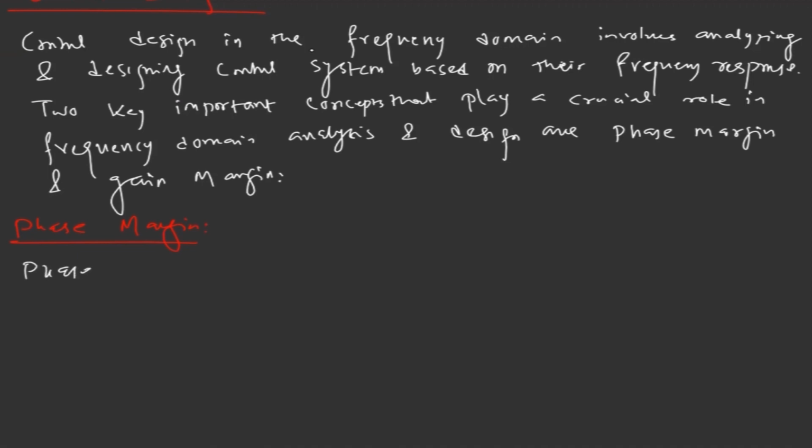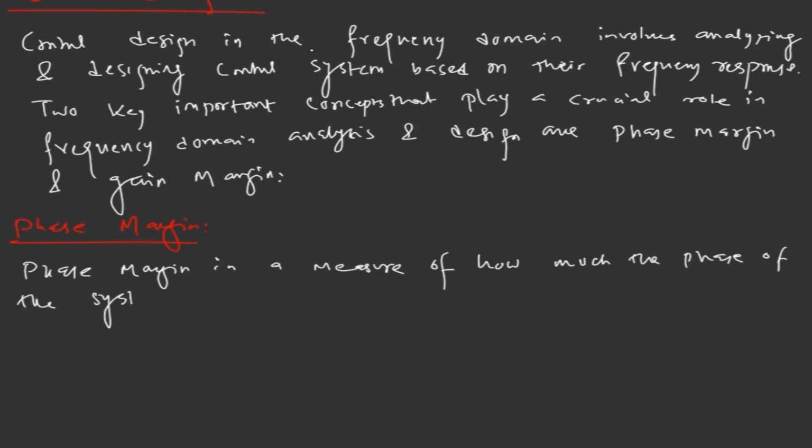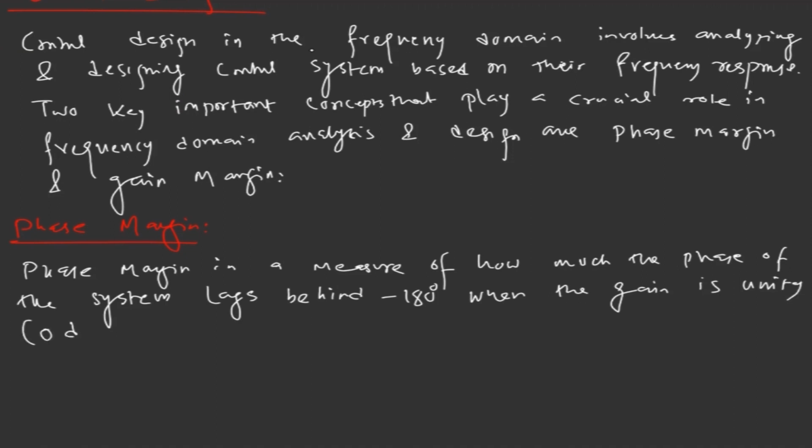Phase margin is a measure of how much the phase of the system lags behind minus 180 degree when the gain is unity, or we can say 0 decibel.